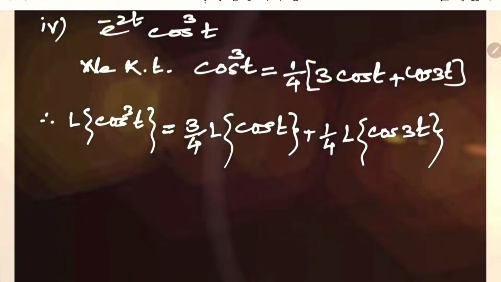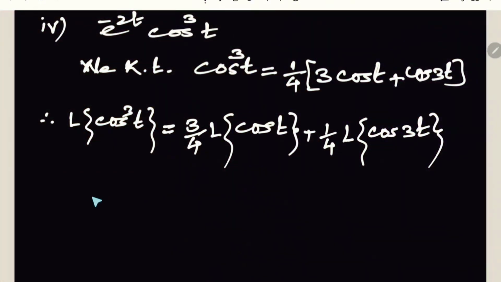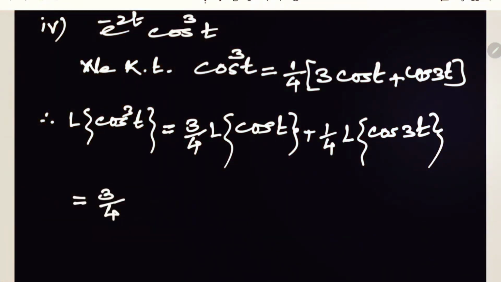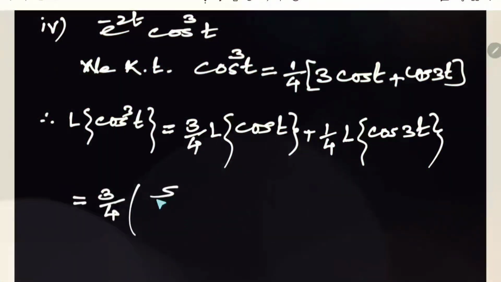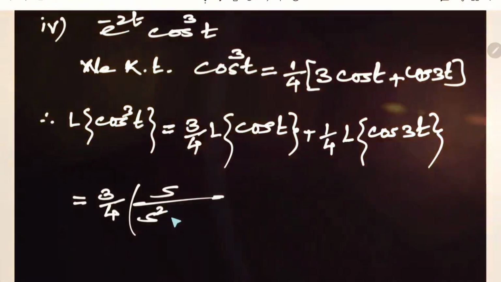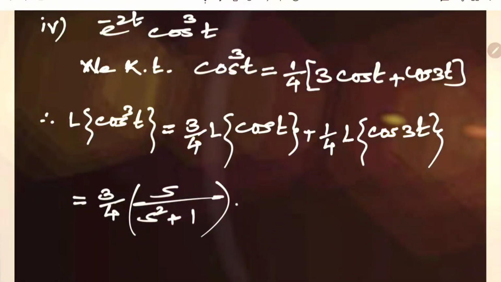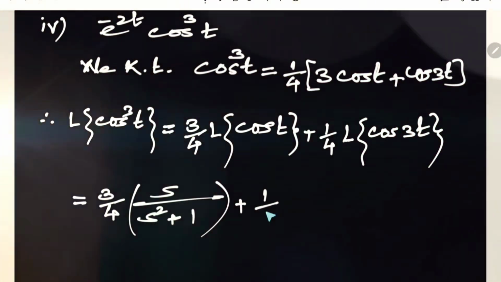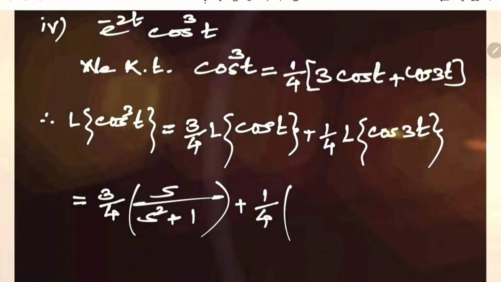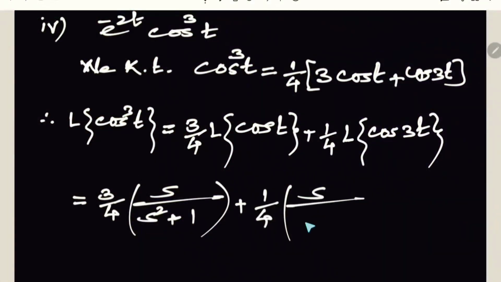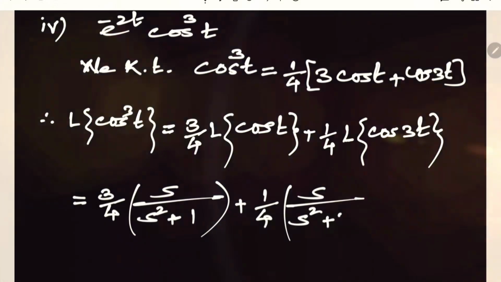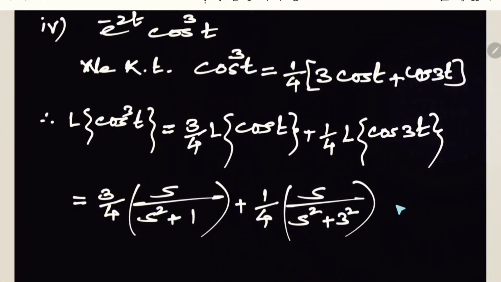It is 3 by 4 as it is, Laplace of cos t, standard result, s upon s square plus 1 square, plus 1 by 4 s upon s square plus 3 square, and we call this as f bar of s.